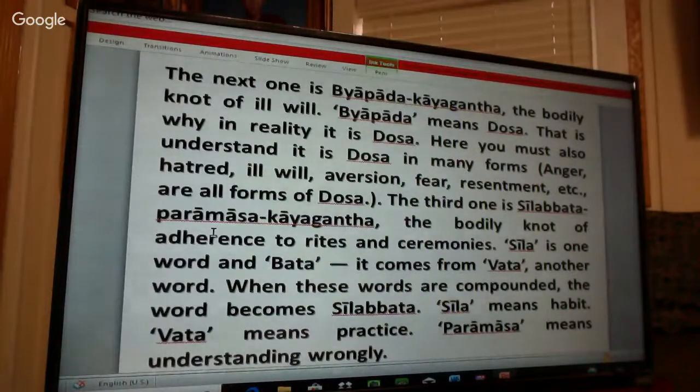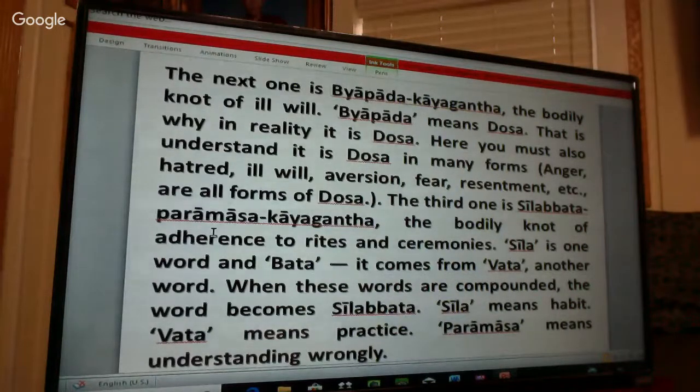So Byapada Kaya Ganta is all kinds of dosa, sorrow, sadness, any form. It is a wider range of dosa.